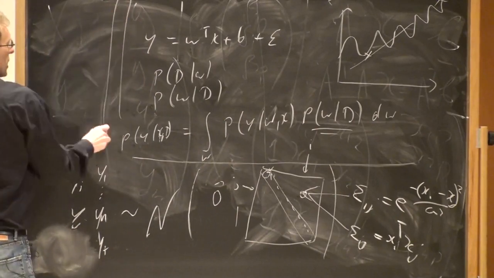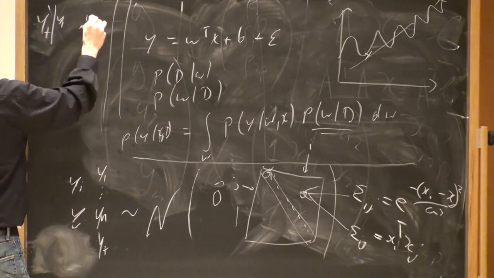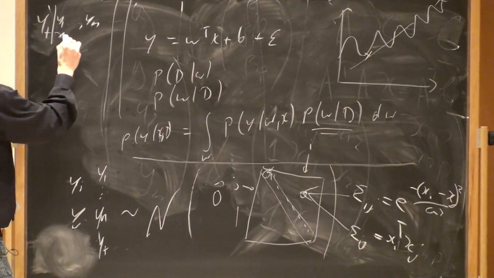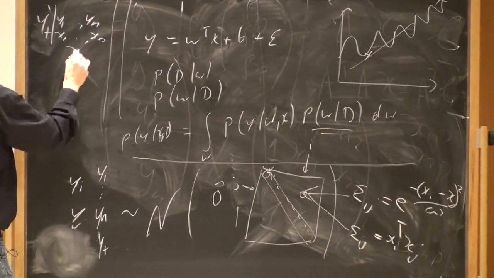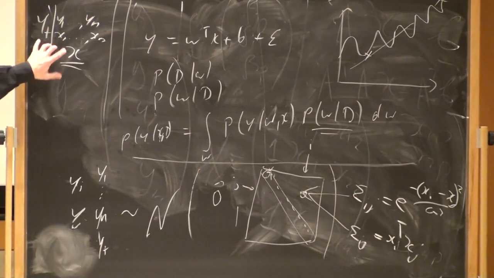The magic is that you can actually just say, what is y test given all the other ones? All the training points and my coordinates at that. So if you now condition on everything else, this still stays Gaussian. And in the lecture, I showed you what the derivation is, what the expression is.